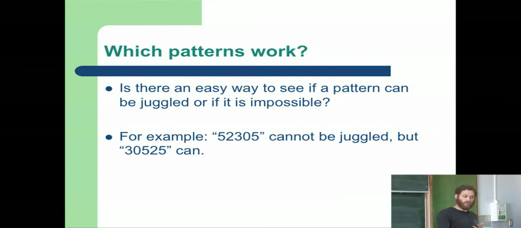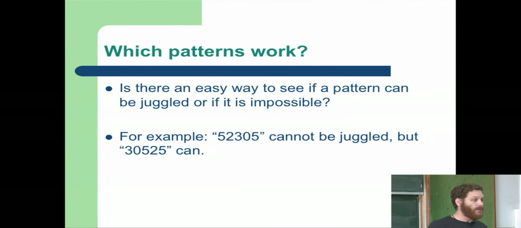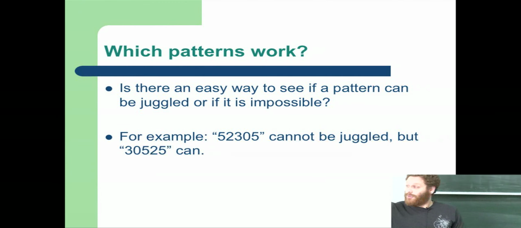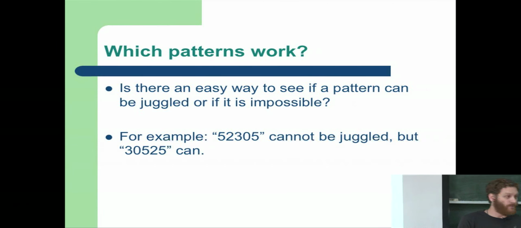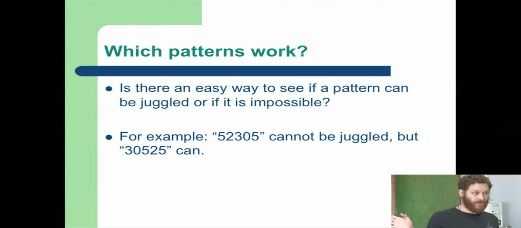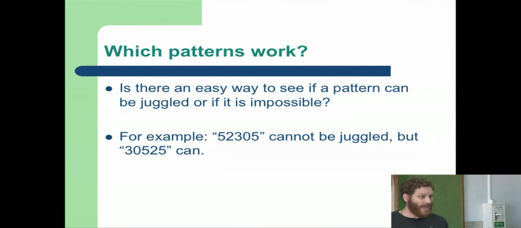So again, I could ask the question: if you give me a string of integers, is there some way of determining whether or not I can juggle that pattern? Actually, I've got some examples here. It turns out this pattern, 5, 2, 3, 0, 5, cannot be juggled, but the pattern 3, 0, 5, 2, 5 can be juggled.